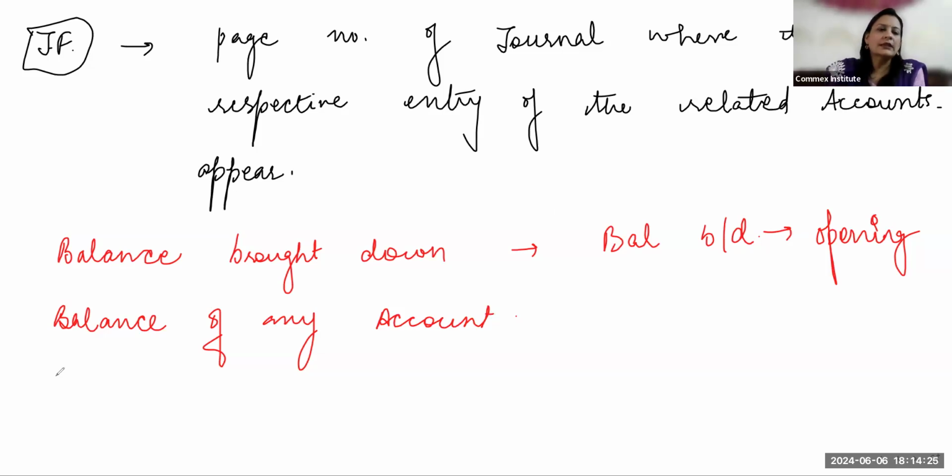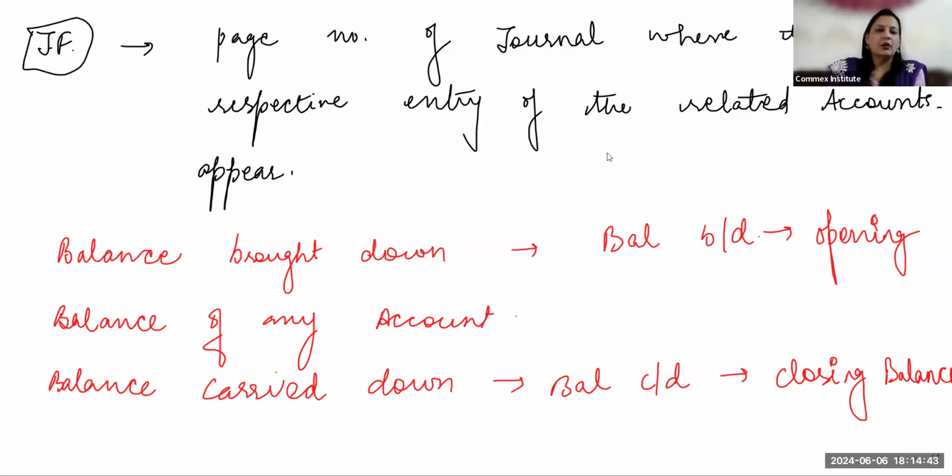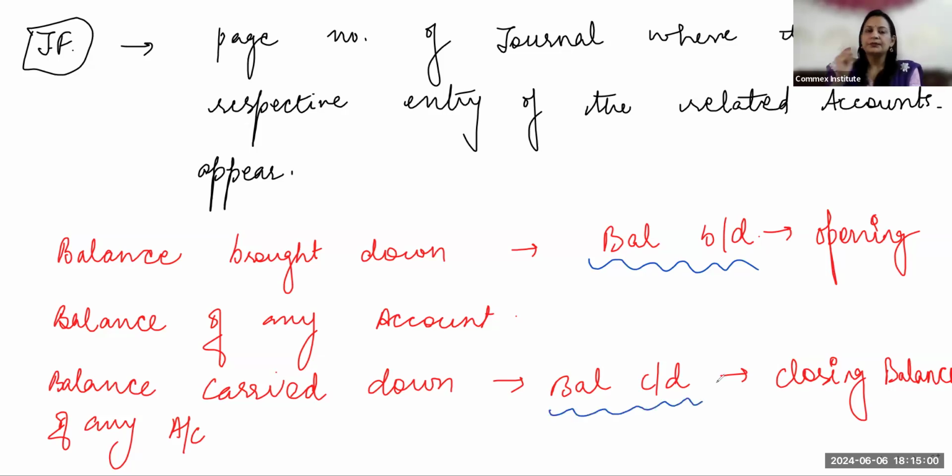And then we have something known as balance carried down, which is shown as balance C/D. And this is the closing balance of any account. So we have two terms, balance brought down and balance carried down. The opening balance and the closing balance.